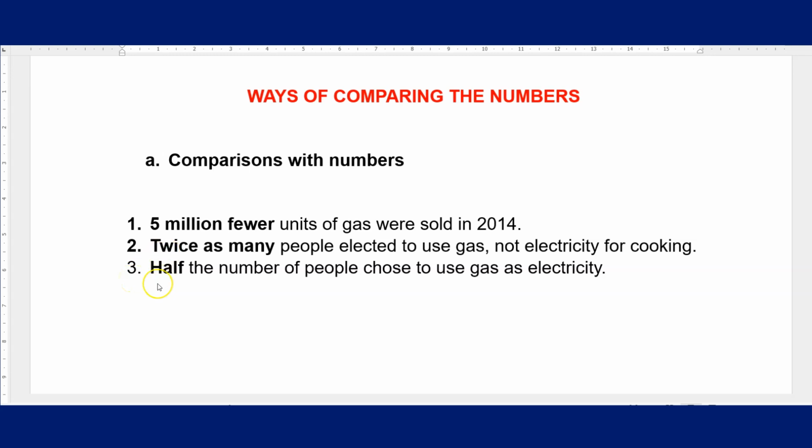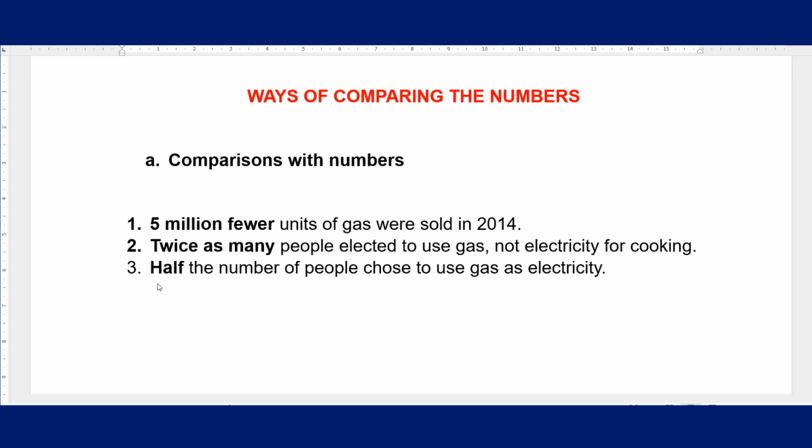The third example, half the number of people chose to use gas as electricity. So maybe 40 people used electricity for cooking and not gas. Okay, so 40 people were using electricity and 20 people were using gas.